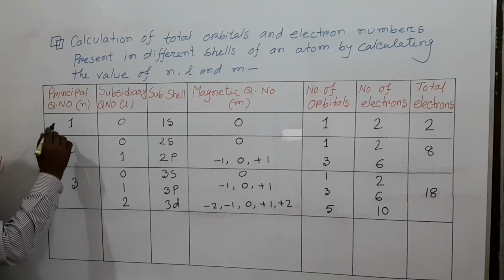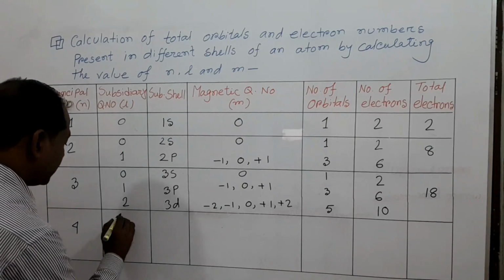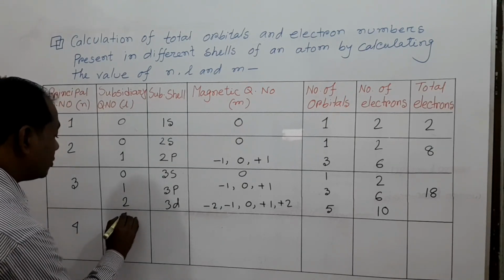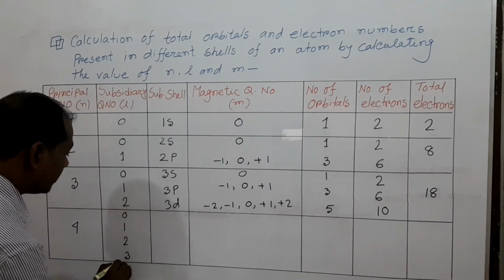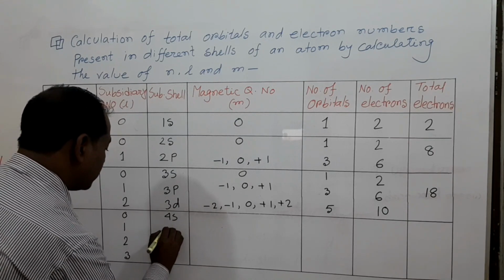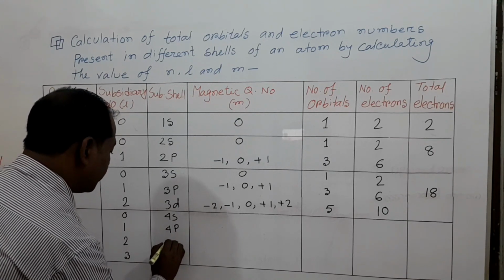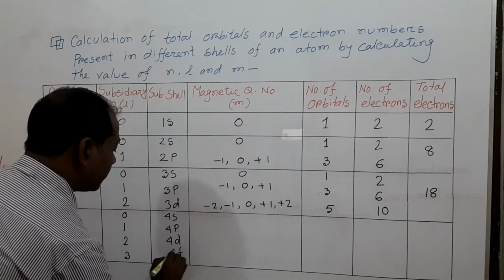And for principal quantum number n equal to 4, that means for fourth shell we get the value of L equal to 0, 1, 2 and 3, and we get subshell 4s, 4p, 4d and 4f.